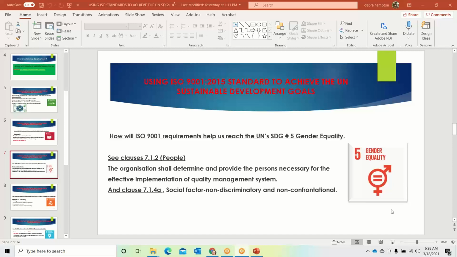But again, these people should be competent. I'm trying to go back to the previous slide. All right? But this particular Sustainable Development Goal number 5 talks about gender equality.